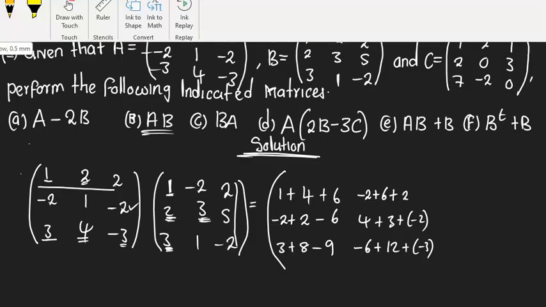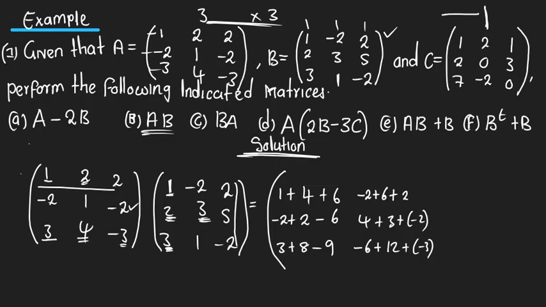So let's start. 1 multiplied by 2 is 2, plus 2 multiplied by 5 is 10, plus 2 multiplied by negative 2 is going to be negative 4. We go to the second one, so this now multiplying by that. Negative 2 multiplied by 2 is going to be negative 4, plus 1 multiplied by 5 is going to be 5, plus negative 2 multiplied by negative 2 is going to be positive 4.